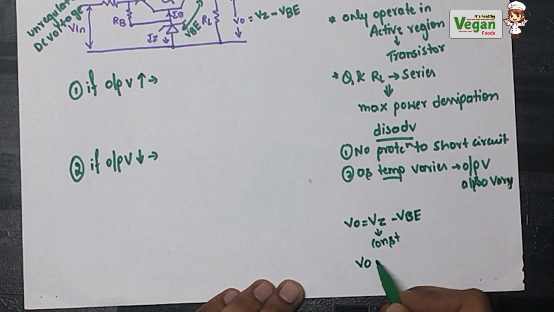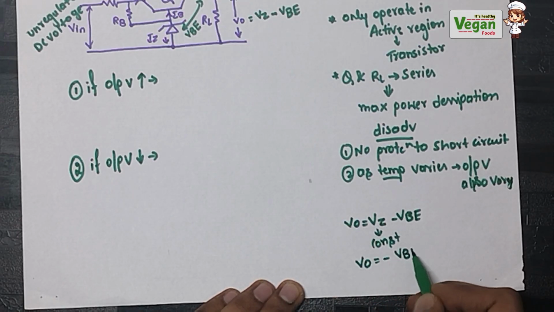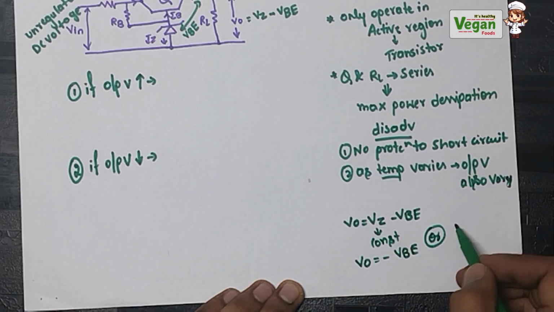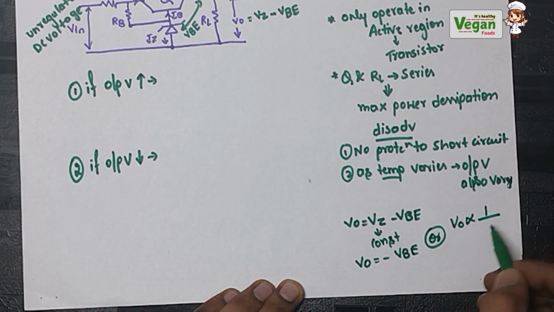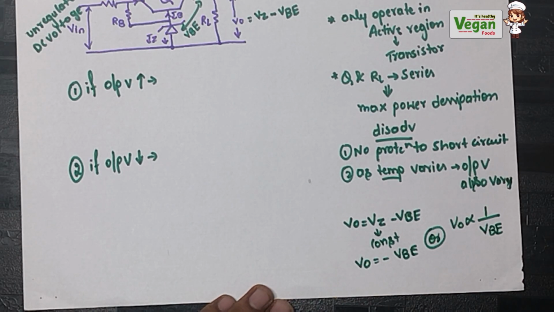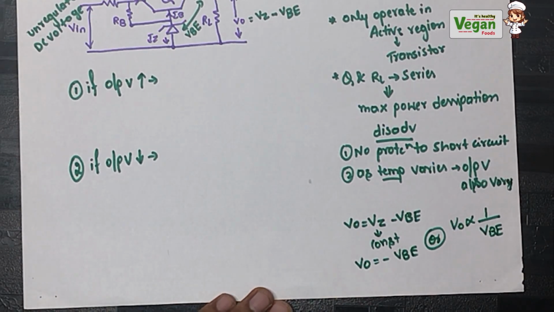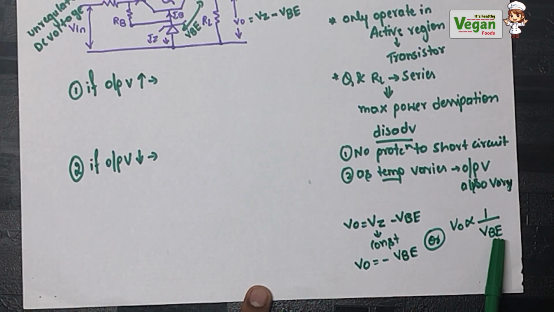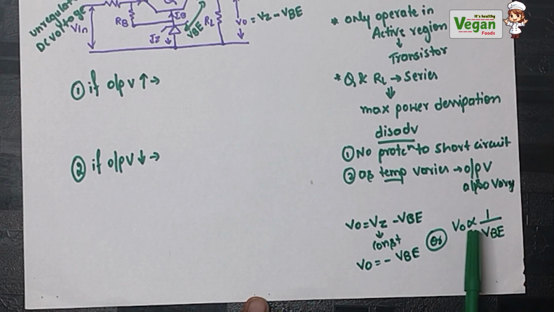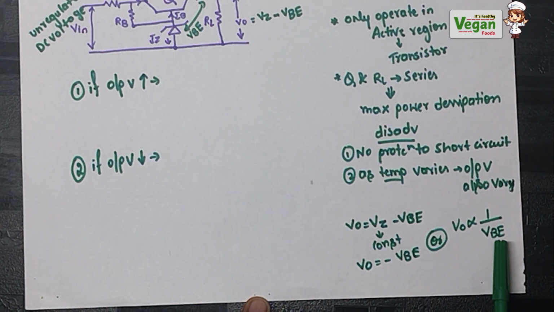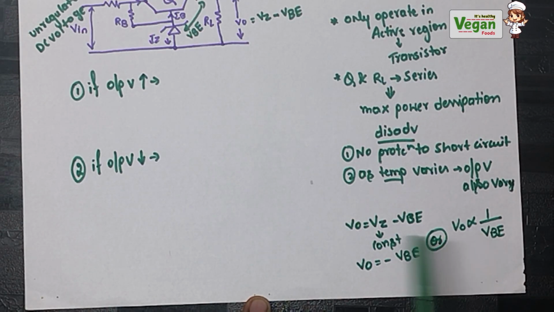Therefore Vout is inversely proportional to VBE. So as the VBE value decreases, the Vout value will increase. This is the first condition. If the VBE value increases, then the Vout value will decrease. This is the second condition.